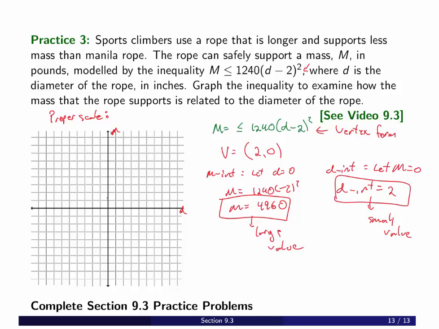So for instance, if I actually go up by thousands for m, so 1,000, 2,000, that's 3,000, and this would be 4,000, that's 5,000. Okay, and then on this axis I can go up, let's say that's 1, and this is 2, and this is 3, and this is 4.